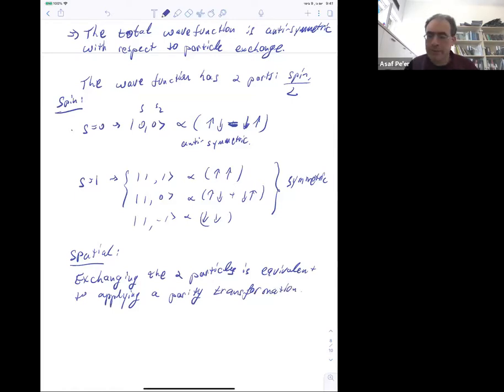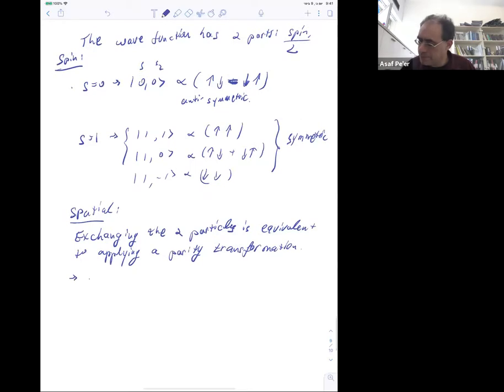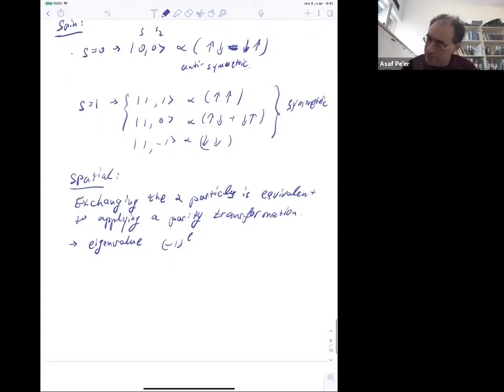When I apply a parity transformation, the eigenvalue under the exchange is (-1) to the power L. Which means that states with even L are going to be symmetric and states with odd L are going to be anti-symmetric.